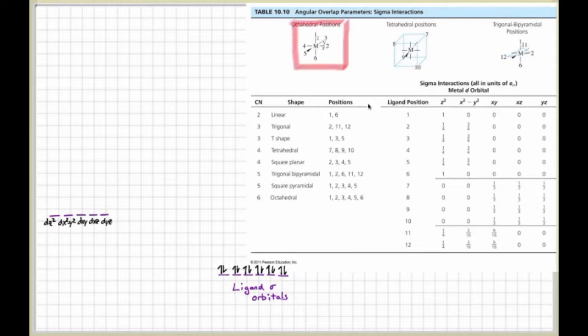So the table gives you the positions of the ligands for octahedral ligand positions 1 through 6. The diagram shows the positions around the metal, and then over here we see those ligands 1 through 6 on the left side of this table.